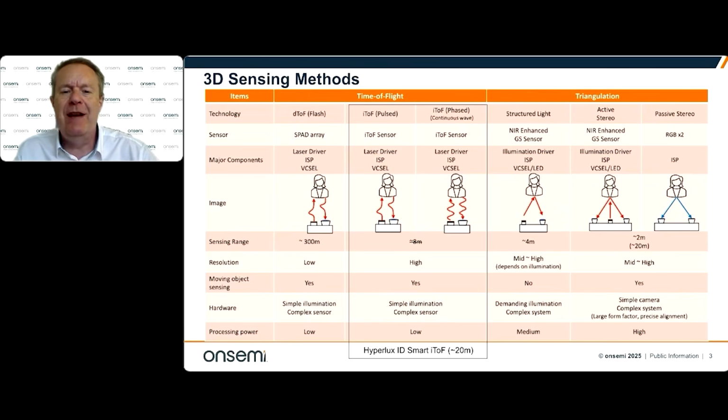So various methods are used today. 3D has been around for some time, but typically this has been done with triangulation methods. I'm starting on the right-hand side here. If you look at passive stereo, this is using two traditional RGB cameras and an ISP, an image signal processor involved.